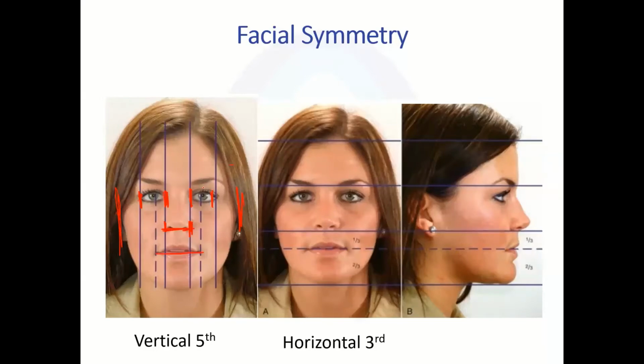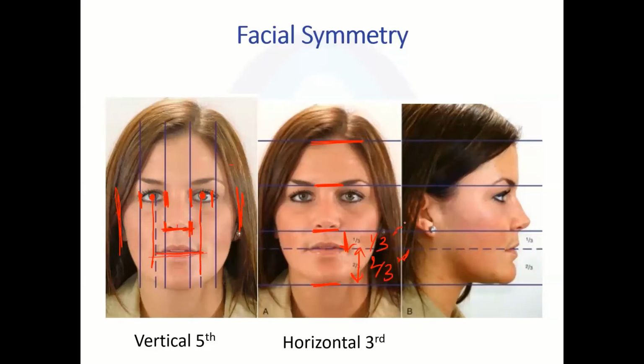Width of the mouth is between the interpupillary lines. Then the vertical thirds run from the hairline to the nasion, to the base of the nose, and to the chin. The upper lip comes in the upper one third and the lower lip in the lower two thirds.